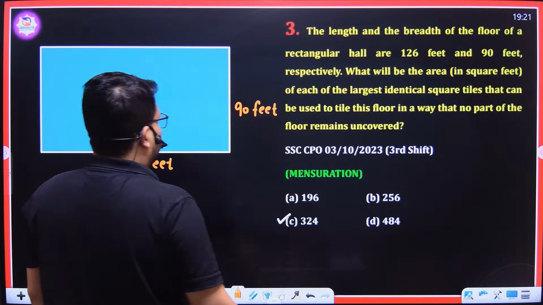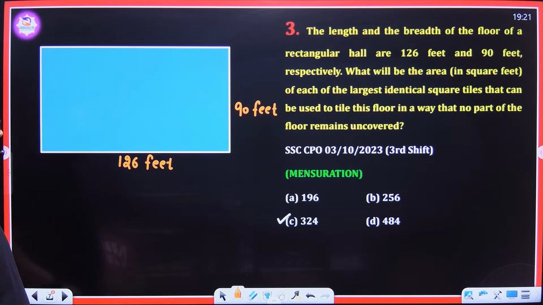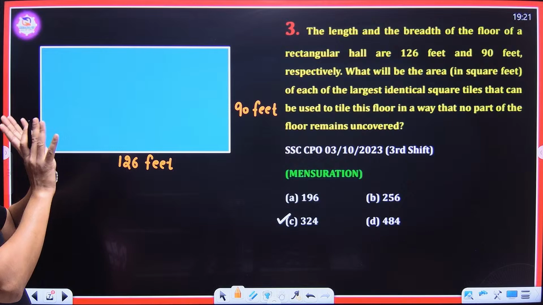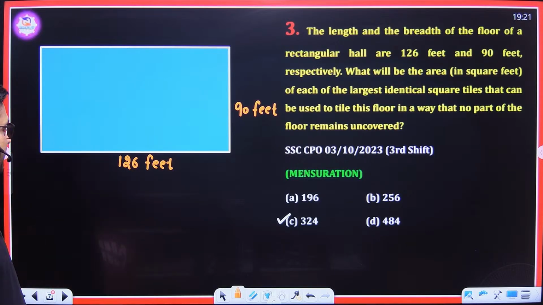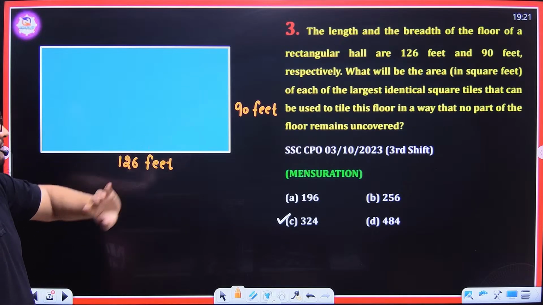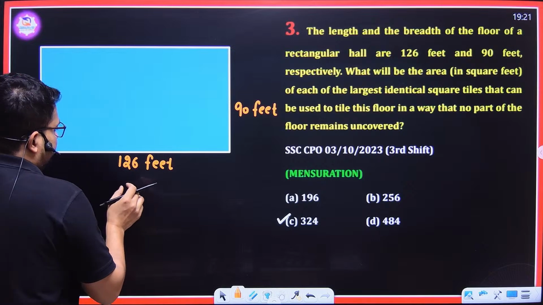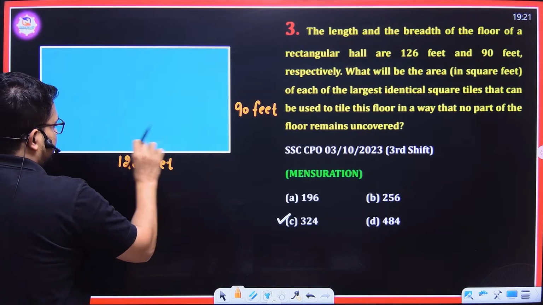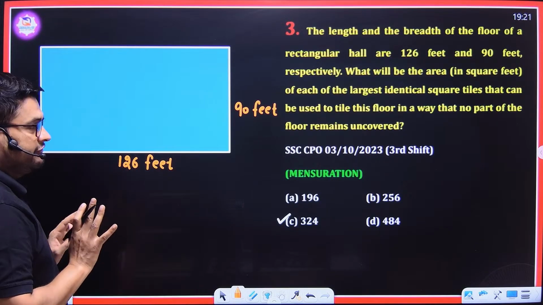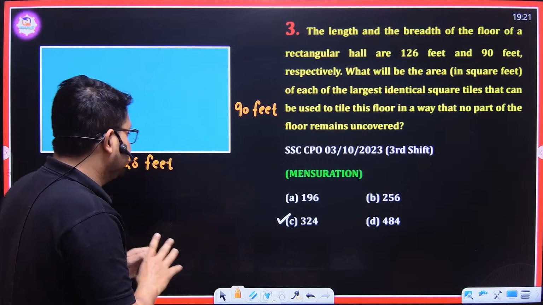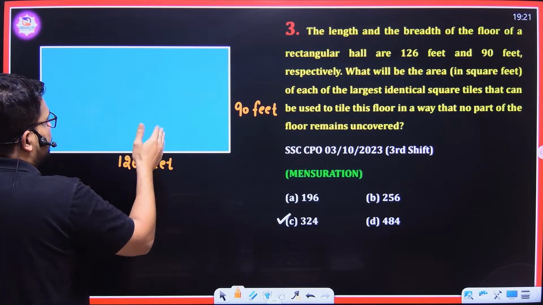See, if we have to fit the maximum, largest identical square tiles, that will be the HCF of these two numbers. How? We have to divide this length into such portions. If we want to make a square tile, it means these sections will be equal to these sections.